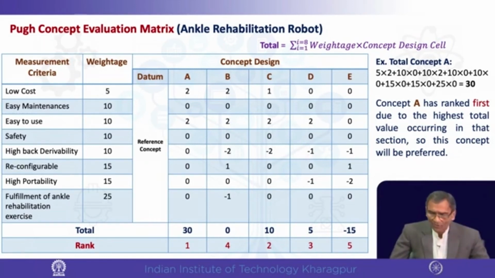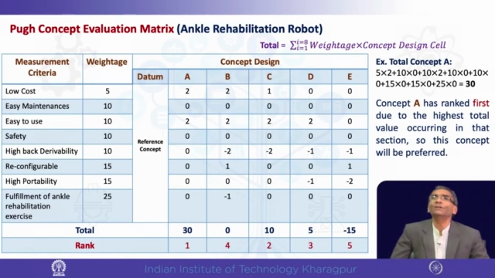Now, having allocated these weights, then it is a matter of computation. How do you compute? The weightages are multiplied by the value in each cell, and the sum total under every concept column or concept design column, say sum total of A or sum total of B, would give us the results and scores. Here the best result will be the highest value.